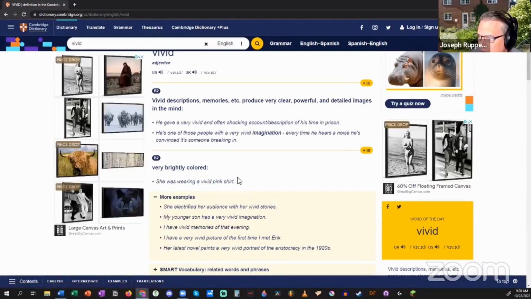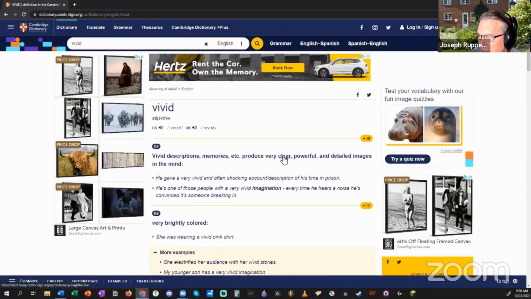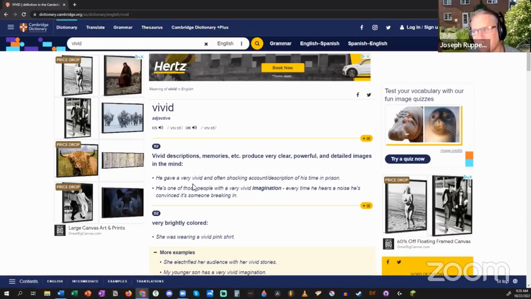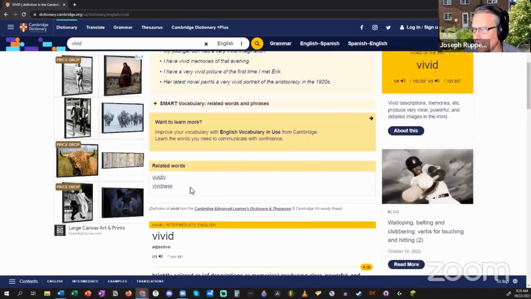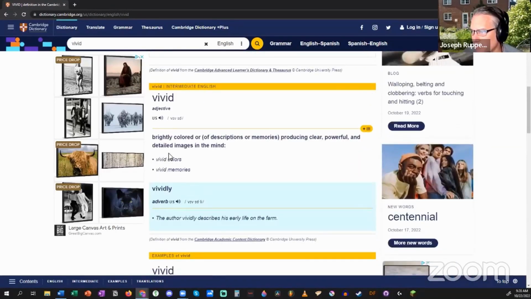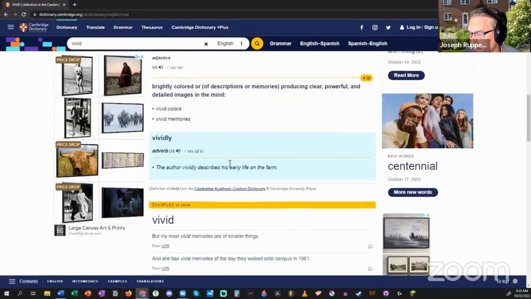However, vivid gives me the idea of the word I think of is clear. Really clear, really easy to see. Brightly colored, or descriptions or memories produced clear, powerful, and detailed images in the mind.